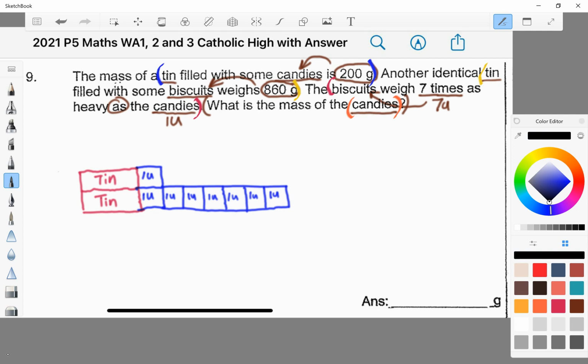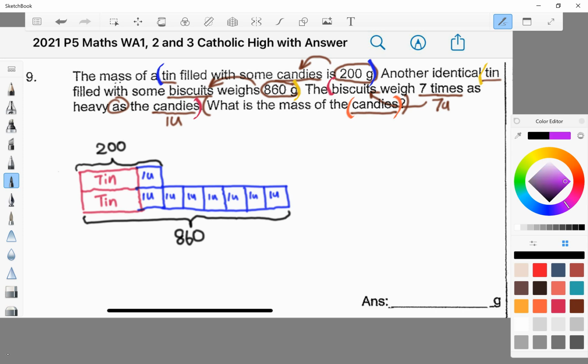Then I will proceed to label that the tin and the 1 unit, which is with the candies, is actually 200 grams. As for the tin with my 7 units of biscuits, it will be 860 grams.